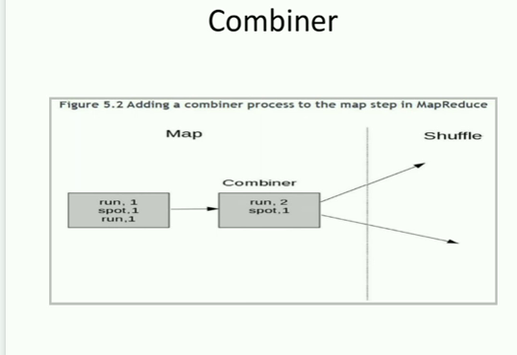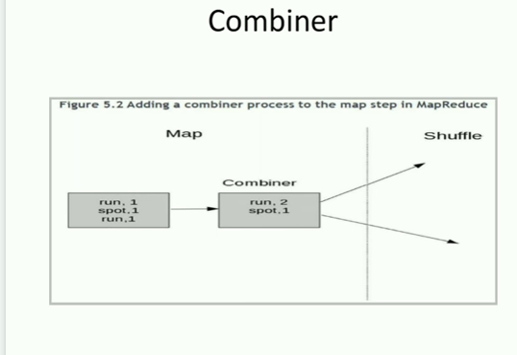The advantage of using the combiner is that the combiner step enables some pre-reduction of the map output data. Whatever the map output data is given to the shuffle, before that the combiner step acts. For instance, you can see run 1, spot 1, run 1 is the output from the map data. It is given to the combiner block, or combiner stage, we can call it.